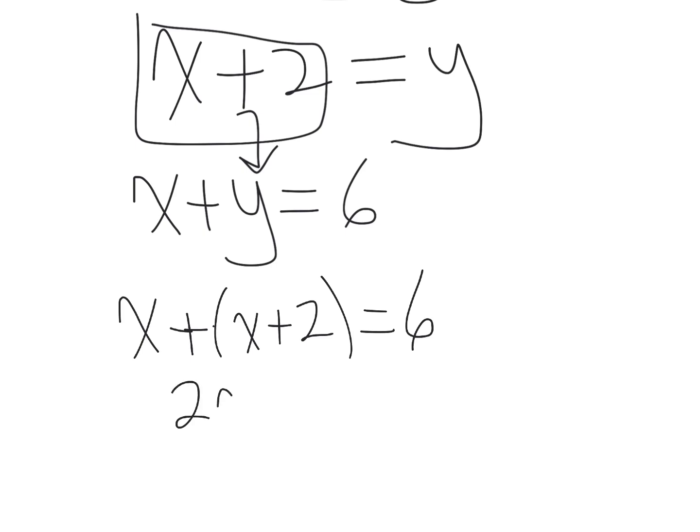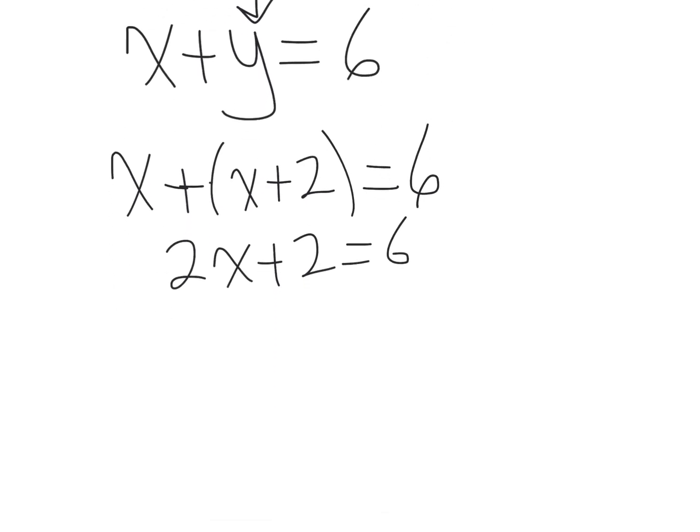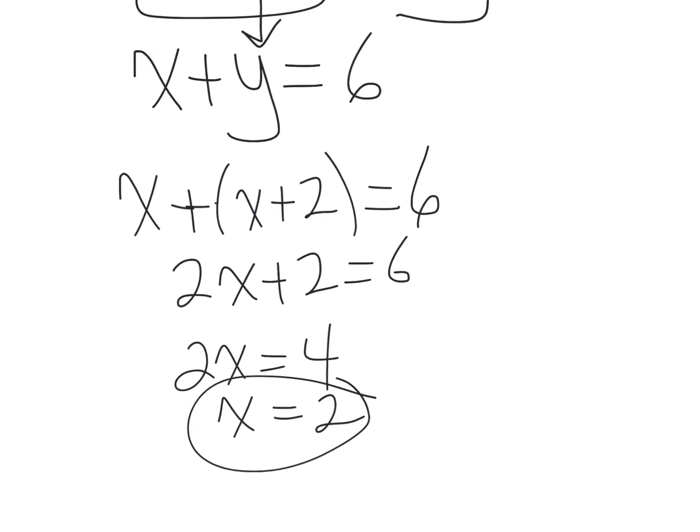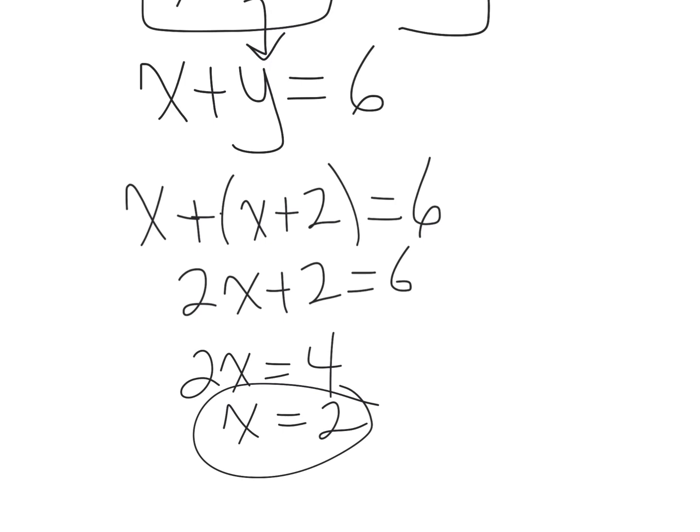I have 2x plus 2 equal to 6. I have 2x equal to 4. I have x equal to 2. How's that? And if x is 2 and x plus y equals 6, then y must equal 4, right?